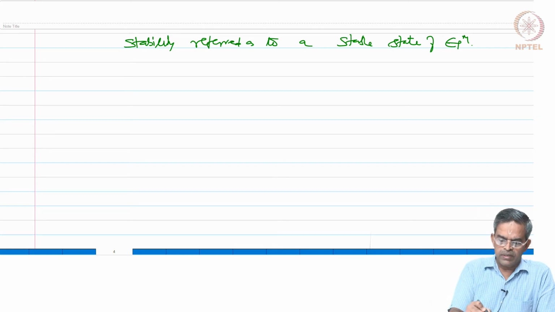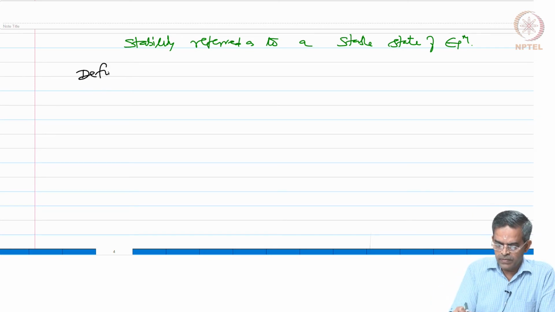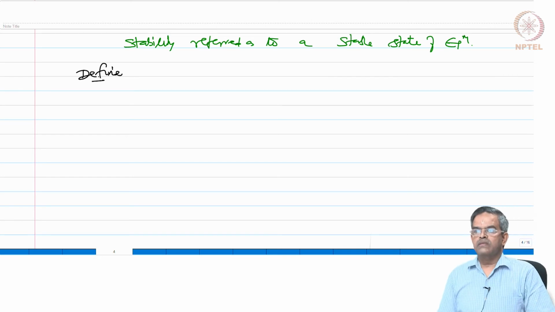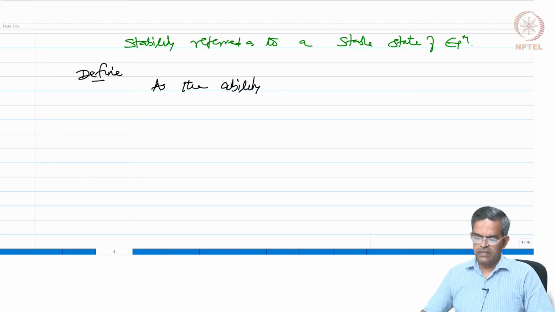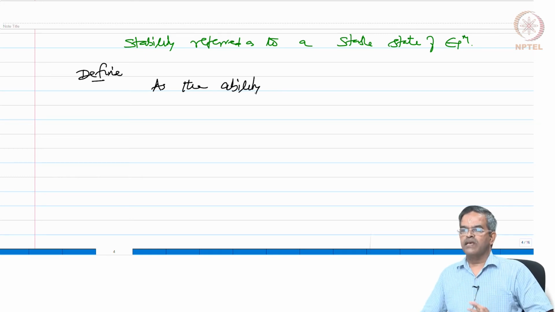How do you define stability? Stability is defined as the ability to remain stable, okay?